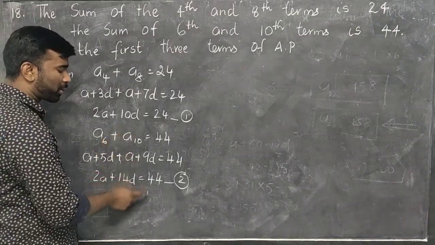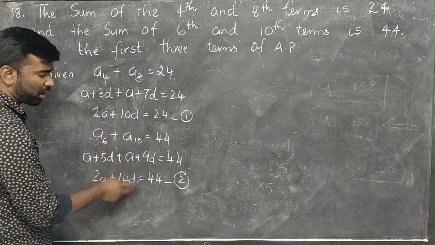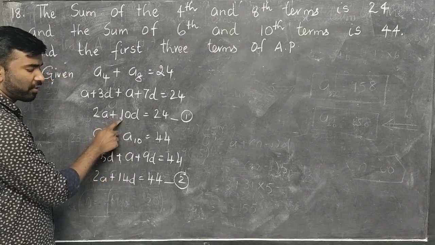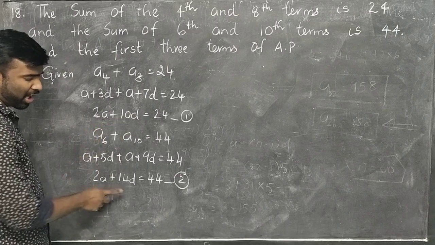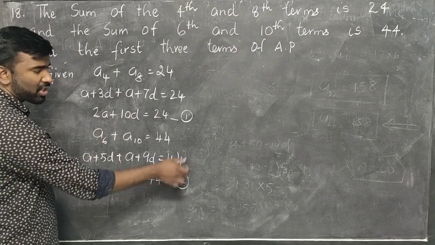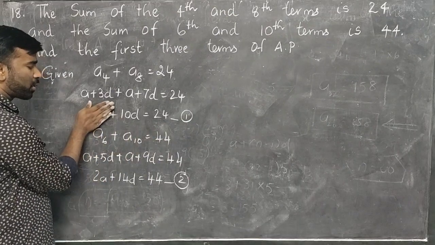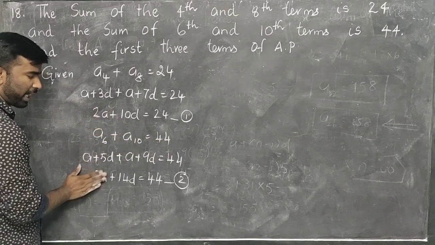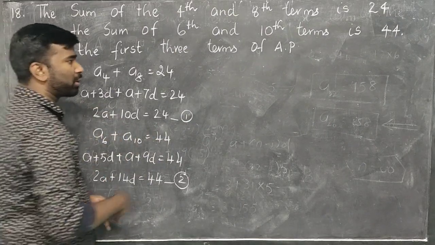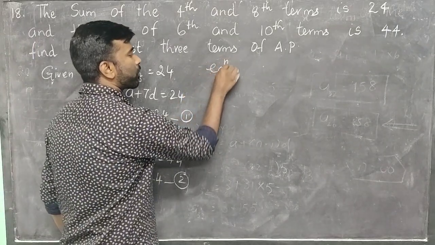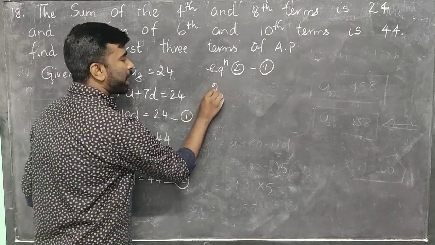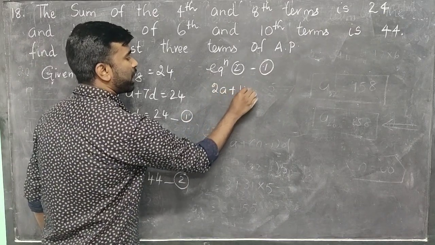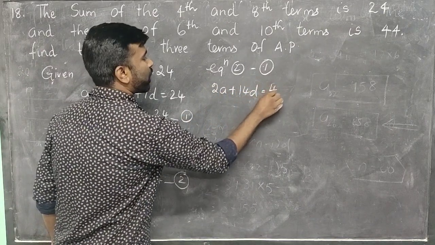Students, we have got two linear equations. We should solve linear equations 1 and 2 to find the values of A and D. I will subtract equation 1 from equation 2 so that I can cancel out the variable A. What is equation 2? 2A plus 14D equals 44.